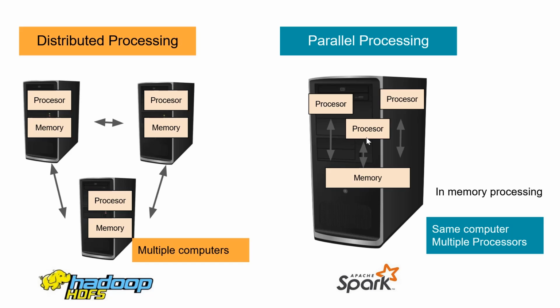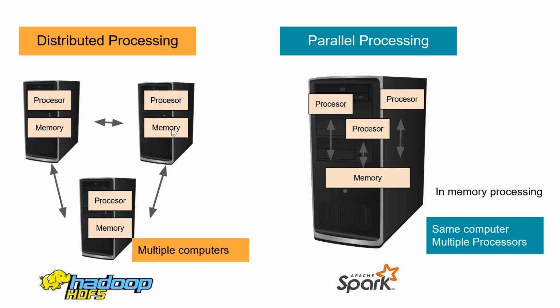And that is one value addition which Spark brings over Hadoop. Hadoop you can consider as a sequential processing of a task on multiple computers, but Spark is parallelly processing the task on multiple computers. So it is trying to parallelly process each task on each computer.